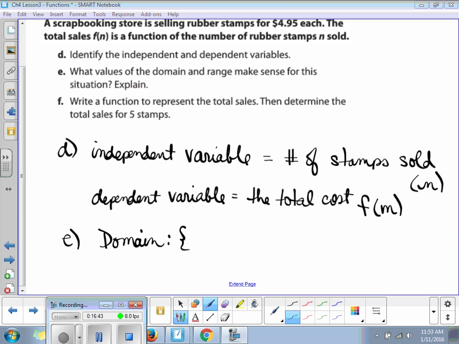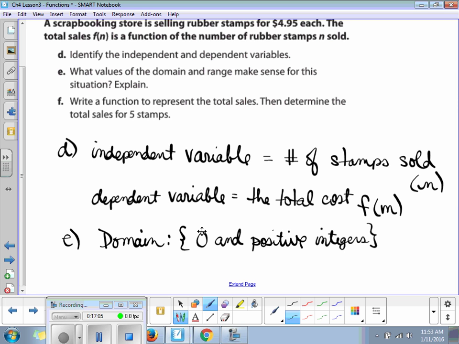And can I sell nothing at all? I can sell 0, right? So, our domain is 0 and positive integers. Okay?